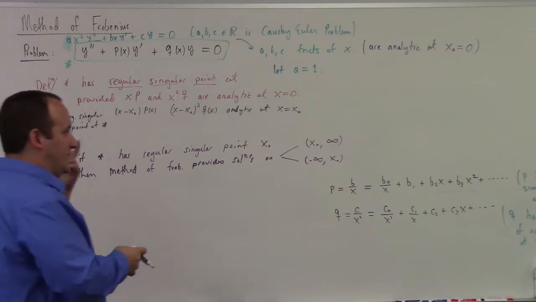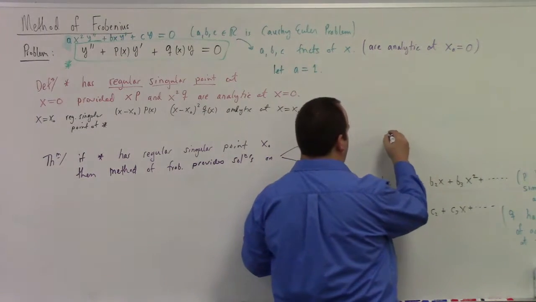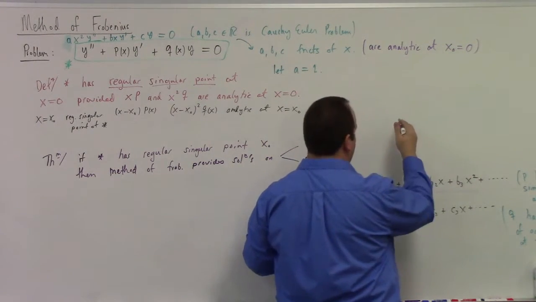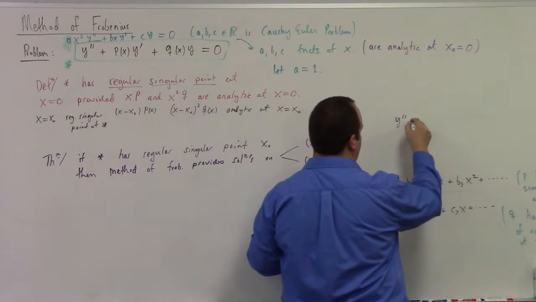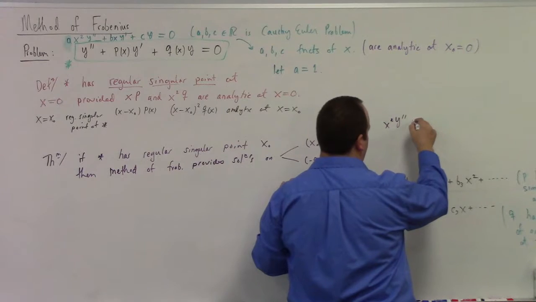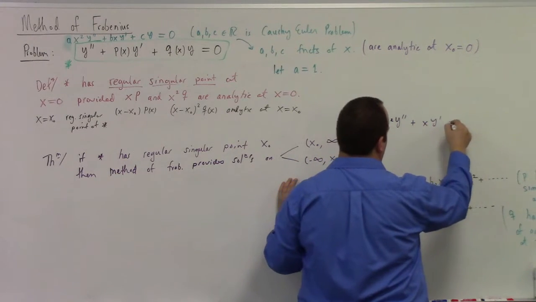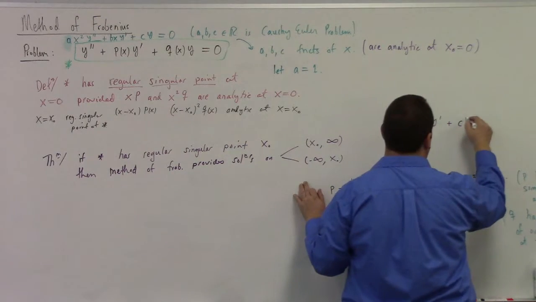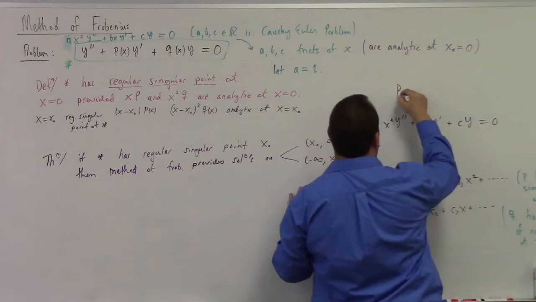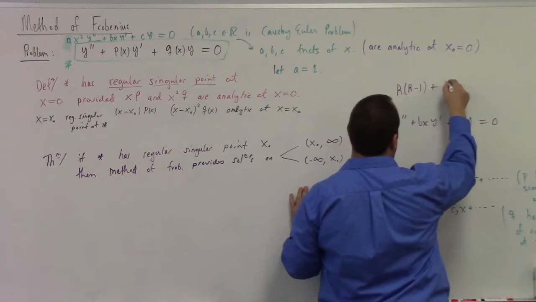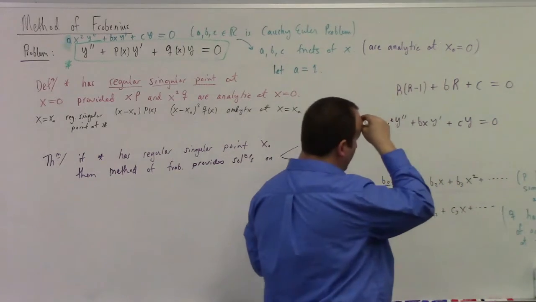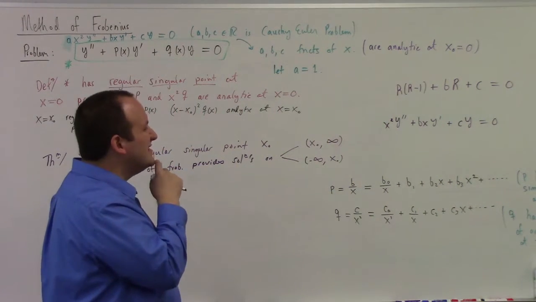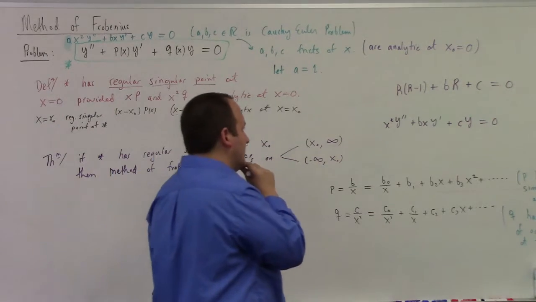By the way, for example, how can we get square root of x from a Cauchy-Euler problem? I want x squared y prime prime plus something. Let's pick a b and pick a c. I want my r times r minus 1 plus b times r plus c equals 0 to have 1/2 as a solution. How do I get that? Come on, guys.